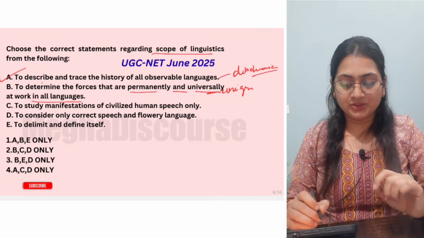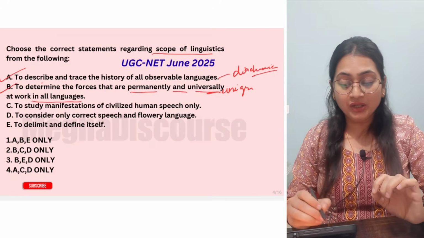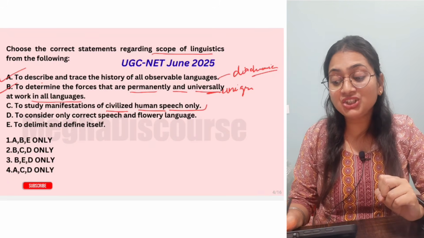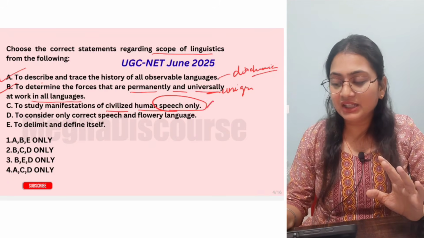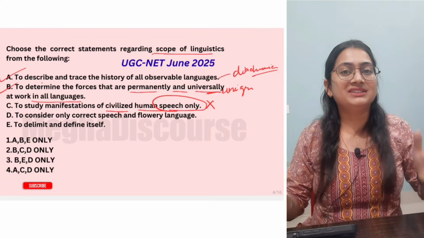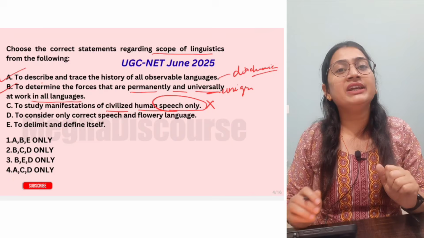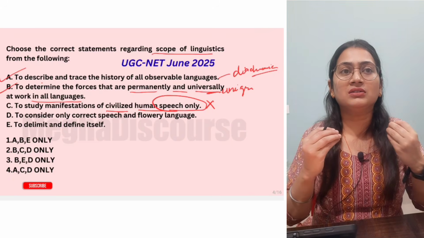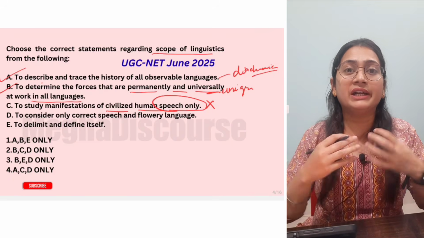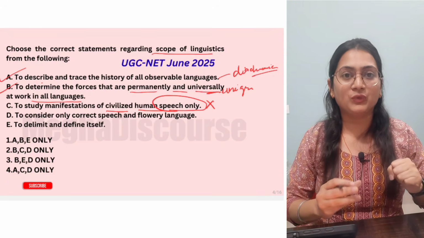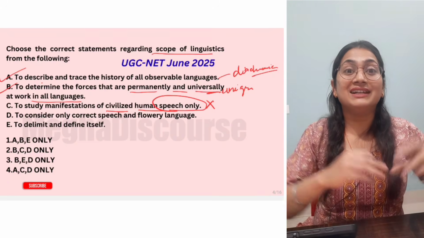Now, third point. B point is right. To study manifestation of civilized human speech only. No. Linguistics never distinguishes between civilized or uncivilized language. Even in linguistics, we are studying and learning extinct languages as well. You can say language death.